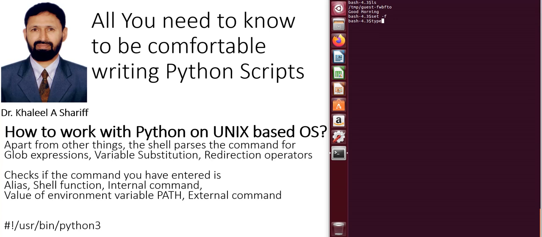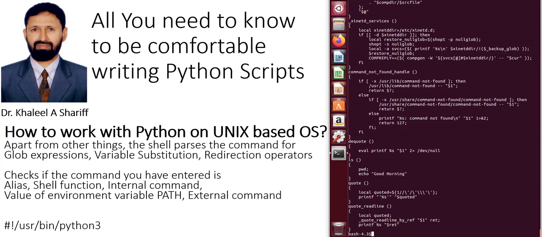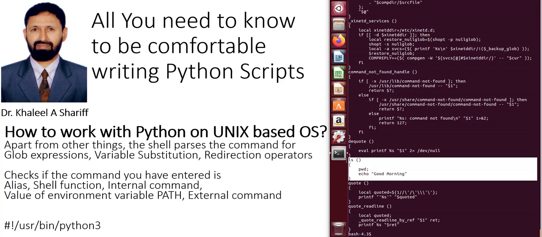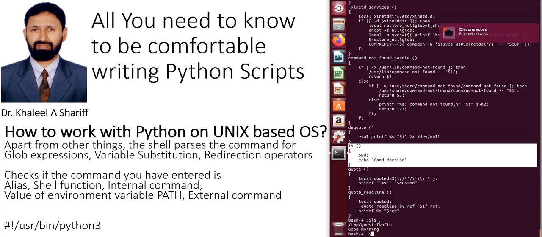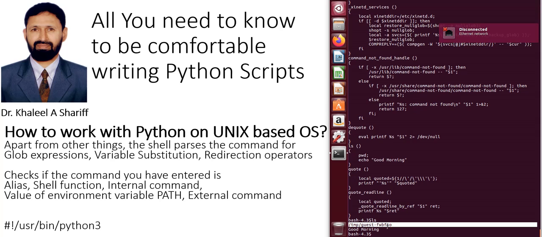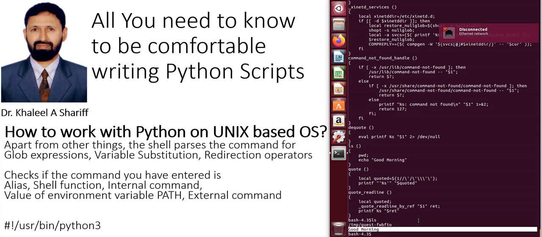This is a list of functions, and one of those functions which has been created here is ls, which is giving pwd and echo good morning. So when I give ls here, it's giving me the output of pwd and it is showing me the good morning message. Okay?